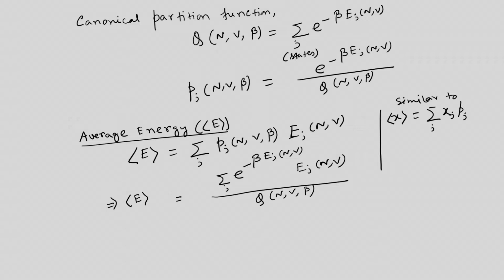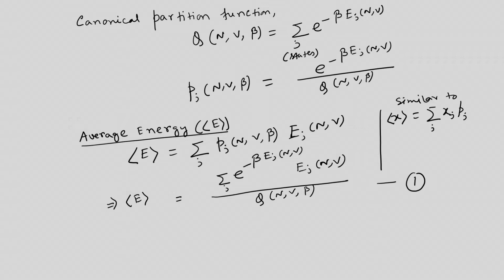Now, if we closely look at the expression for partition function as well as expression 1, we see that in the denominator we have Q, and in the numerator we have sum over j e to the minus beta Ej times Ej.